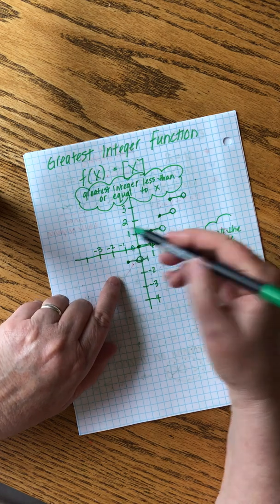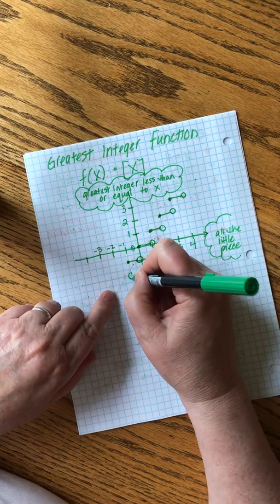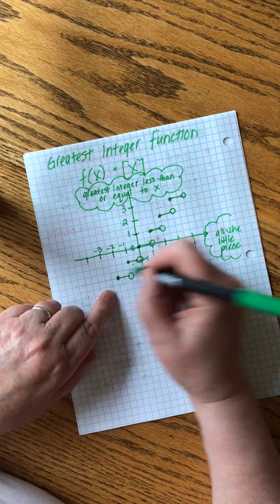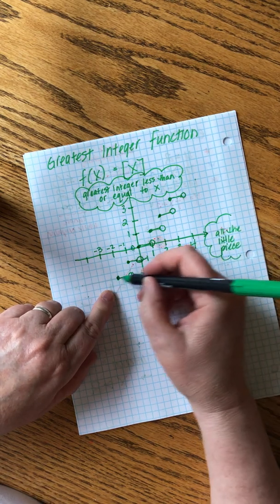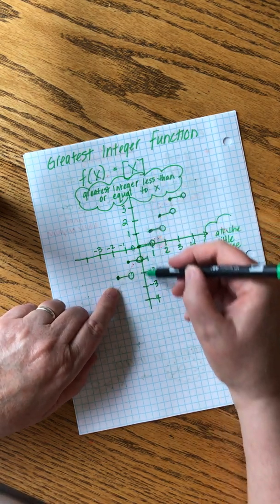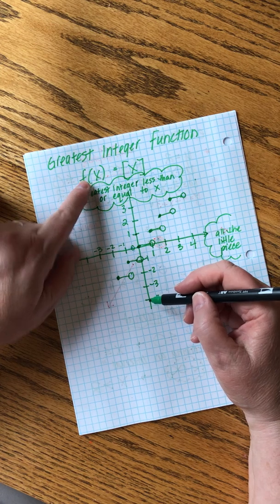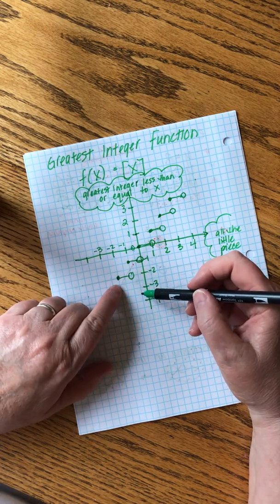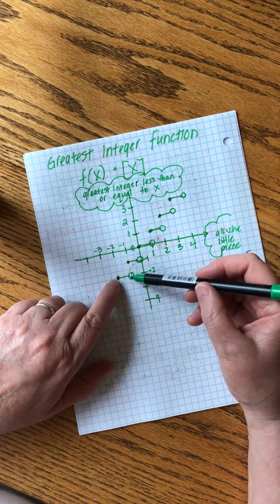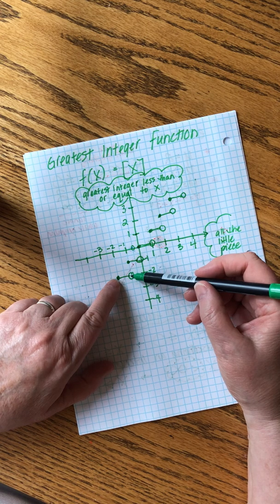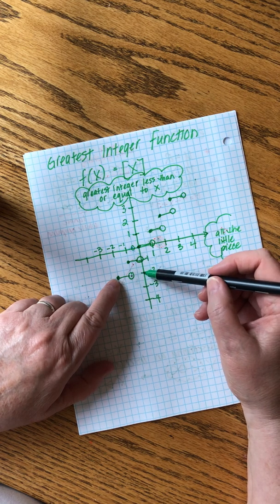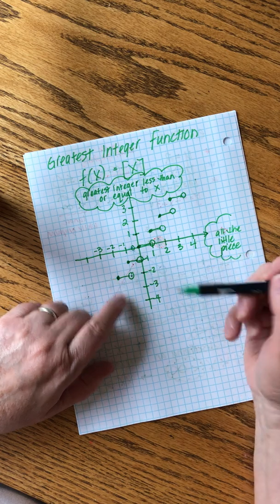So it's the same pattern. The x-axis shows all the little pieces, and the y-axis, or the function, shows what their value would be, right? So all these numbers that fall between -1 and -2, their closest integer is -2.